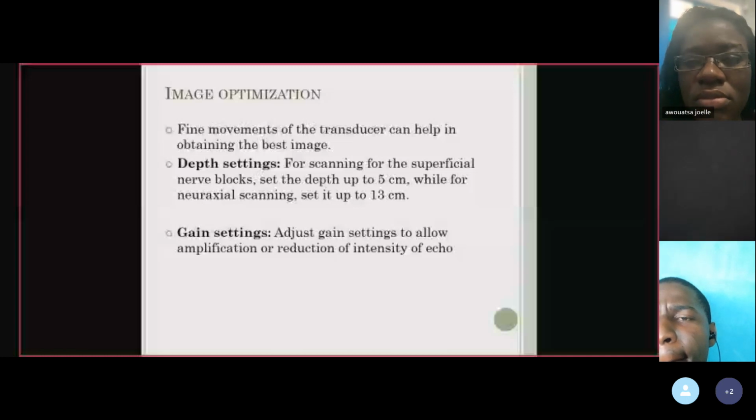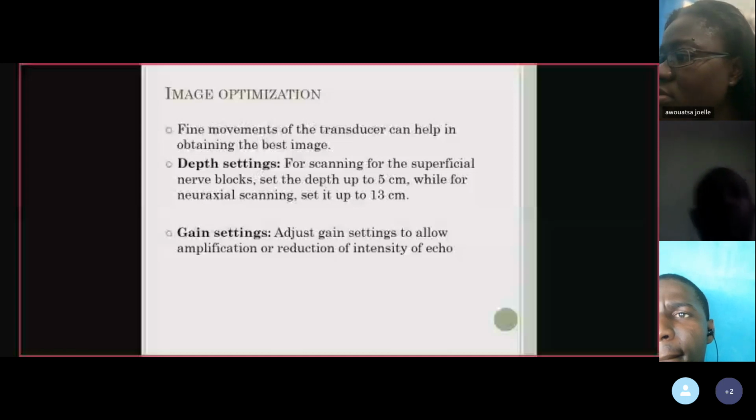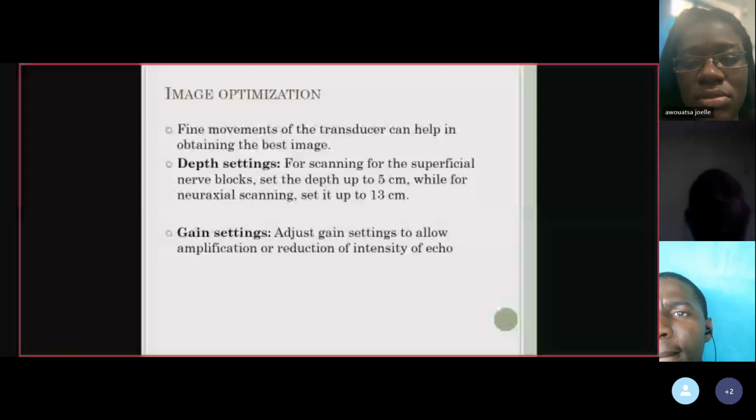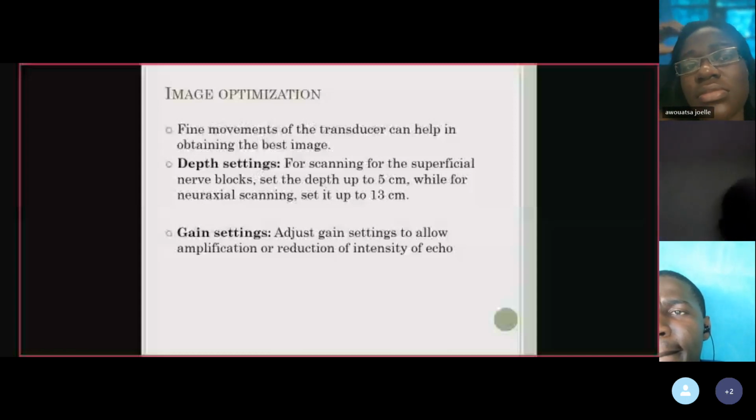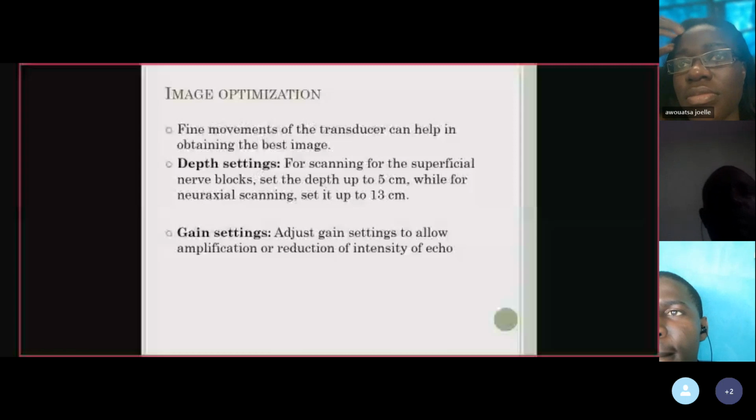Okay. And before starting the scan, you have to apply the coupling agent, that is a jelly which is applied for all ultrasound scans. Without that, we cannot start the scan. Why it is used is because sound, as I've already told, requires a medium to travel.